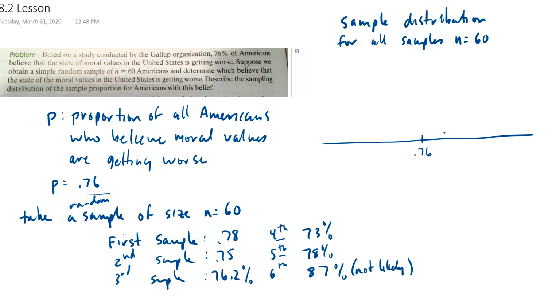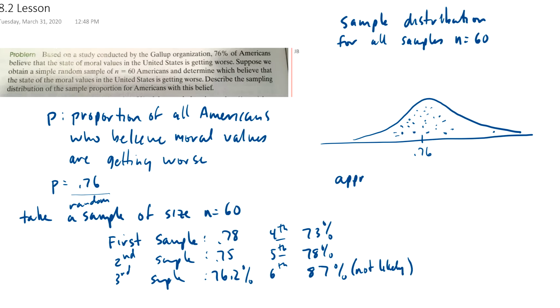So I might get a 78, a 75, a 76.2, a 73, maybe an 87 or something. But would you agree that they're going to mostly bounce around 76? Since that's my population percent, I'd be surprised if I got a sample of 60 and got 50%. This right here ends up being approximately normal. So this is a sample distribution.